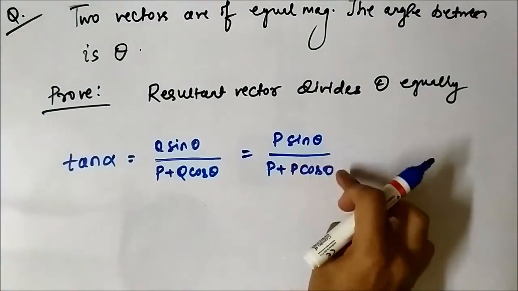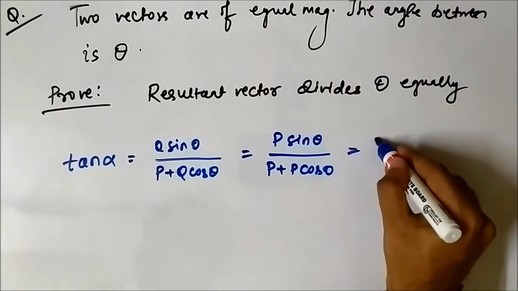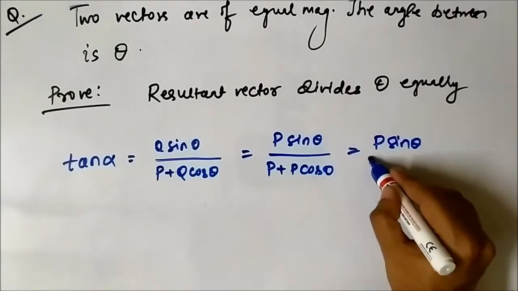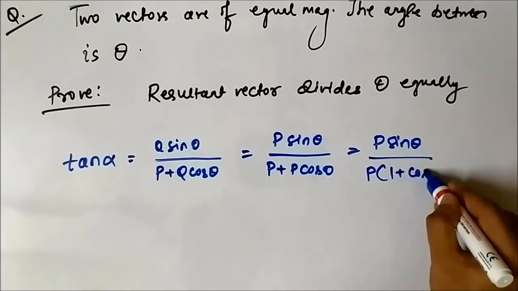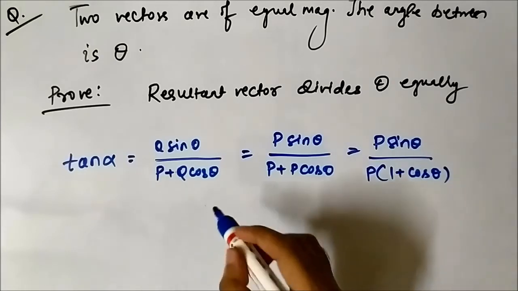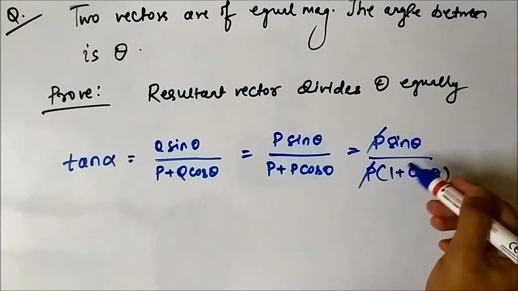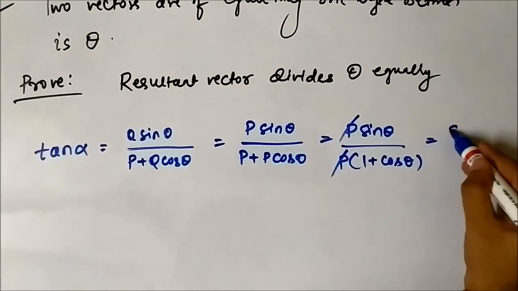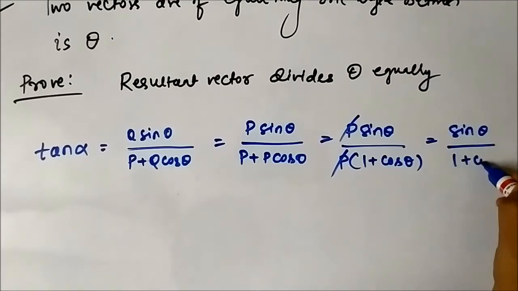Taking p common, we get p sin theta by p into 1 plus cos theta. P will get cancelled from both the numerator and denominator, and we get sin theta by 1 plus cos theta.